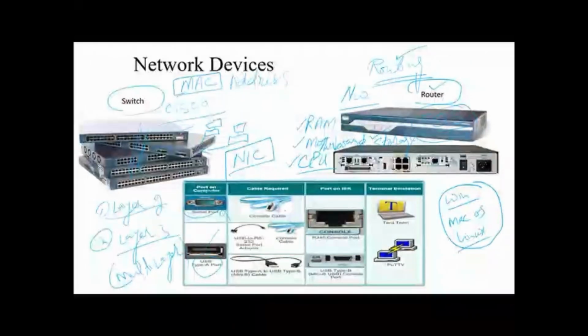So we can use a cable called the console cable, and plug it into a port of the router or switch called the console, and the word console will be written on that port. We plug the RJ45 side into the router or switch console port, and the USB side into the USB port.